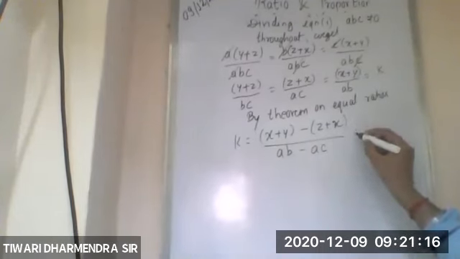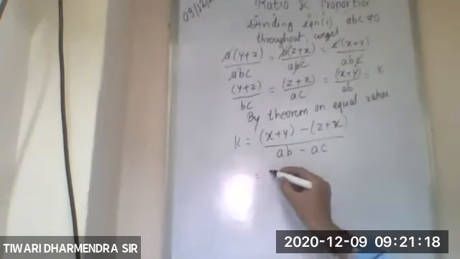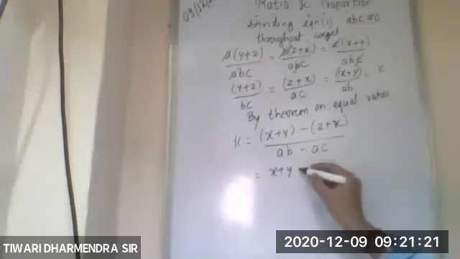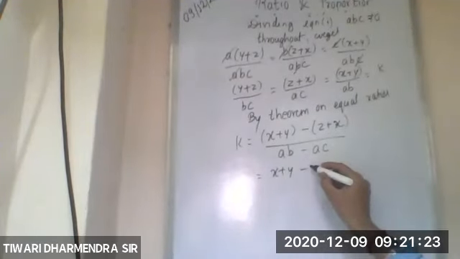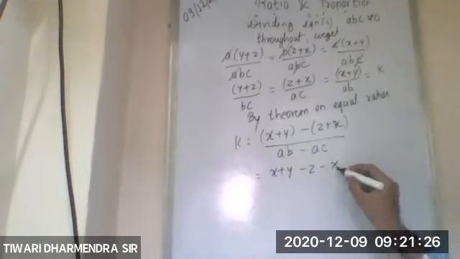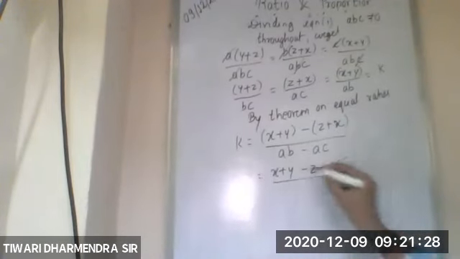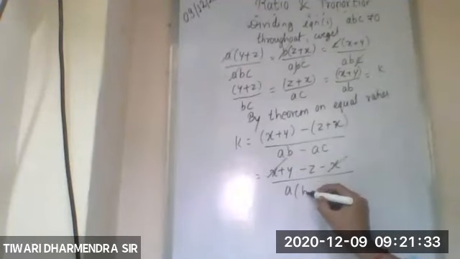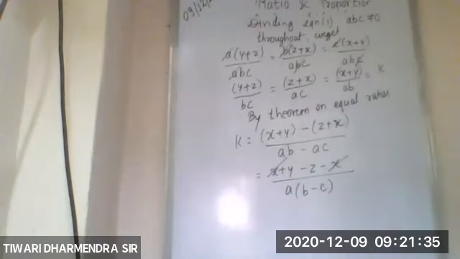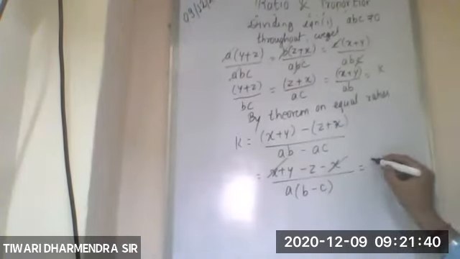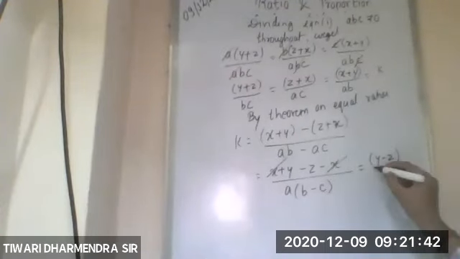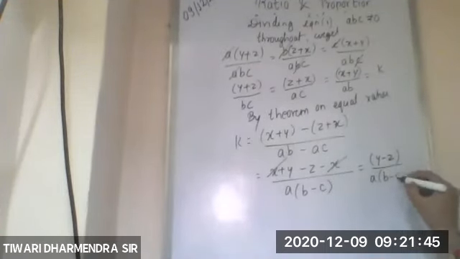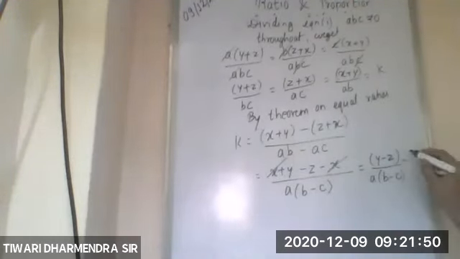After opening the bracket, what will I get? (x plus y) minus (z plus x), terms with opposite sign get cancelled. And A is common. What remains? B minus C. So here, what we got at last: (y minus z) upon A into (B minus C). As we have used equation number 1, let this be my equation number 2.